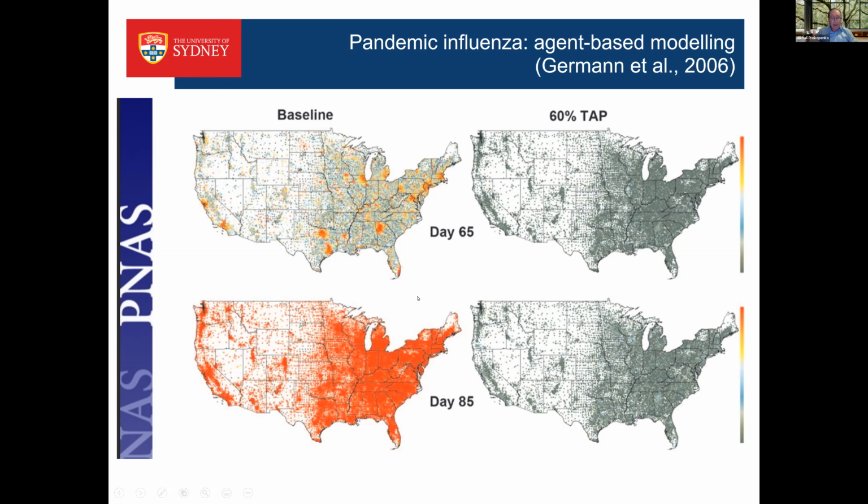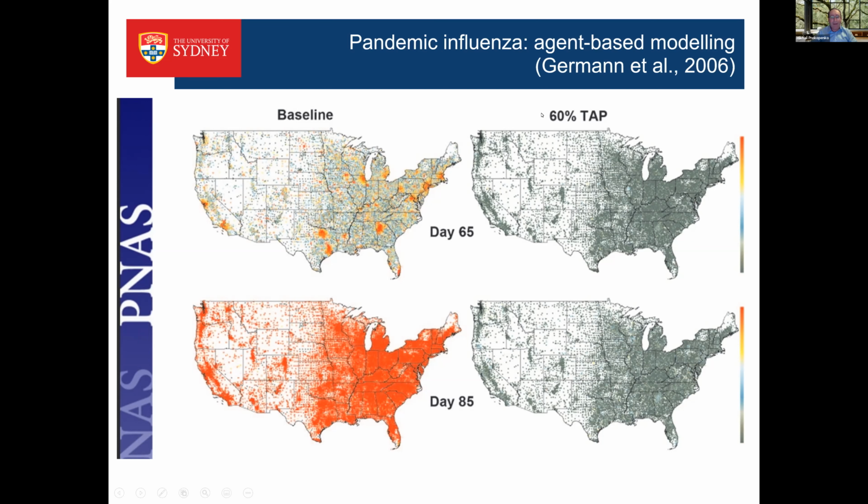And like I said in the beginning, one of the motivating questions was not only to see a nice geospatial distribution, but also to see how, where, and in what way you can intervene. So on the right-hand side, you see a result corresponding to the same virus and the same timeline, day 65, day 85, but with a targeted antiviral prophylaxis.